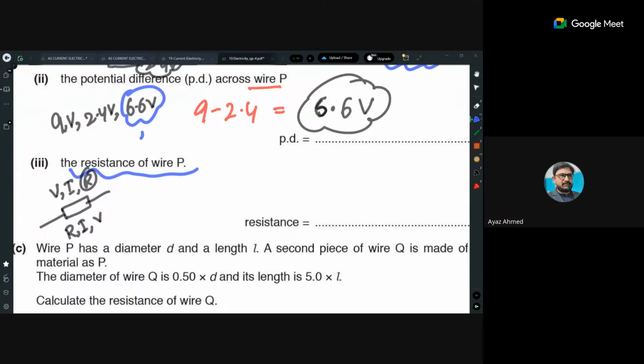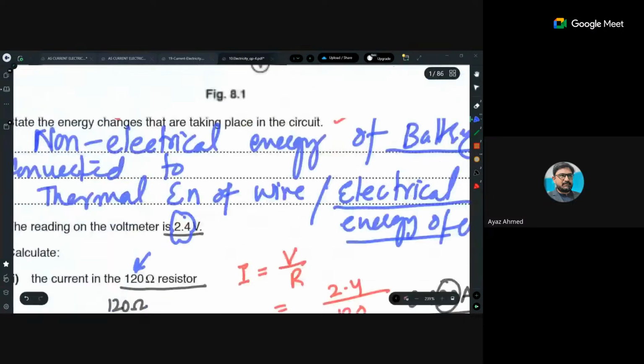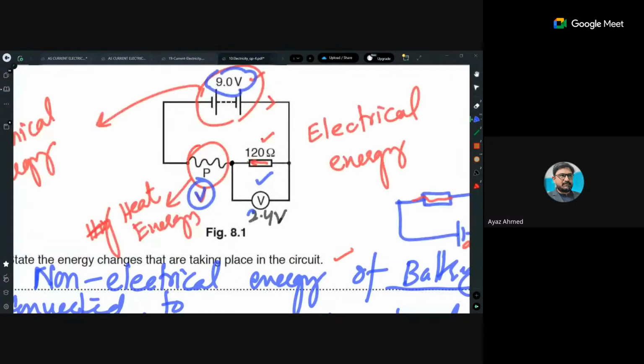Okay. And the important thing you have to deduce from the calculations is that this resistor and this wire are in series with each other, isn't it? So will they have the same current? Yes. Exactly. So when they have the same current, I will simply say that the current in the 120 ohm resistor is 0.02 ampere.